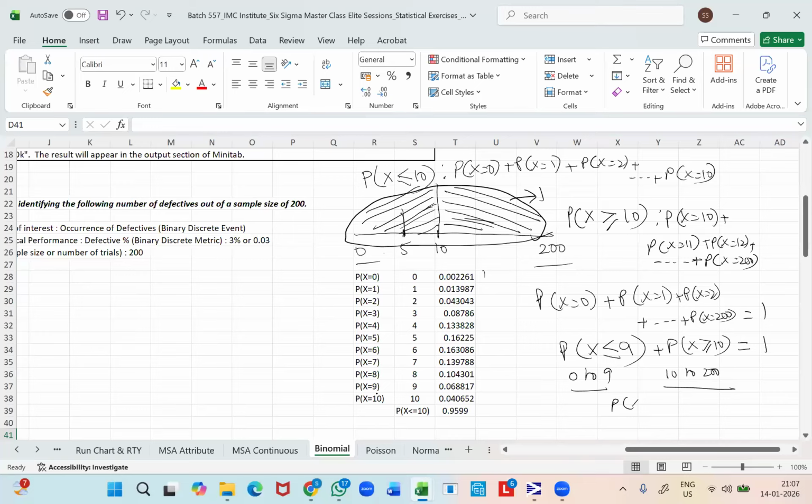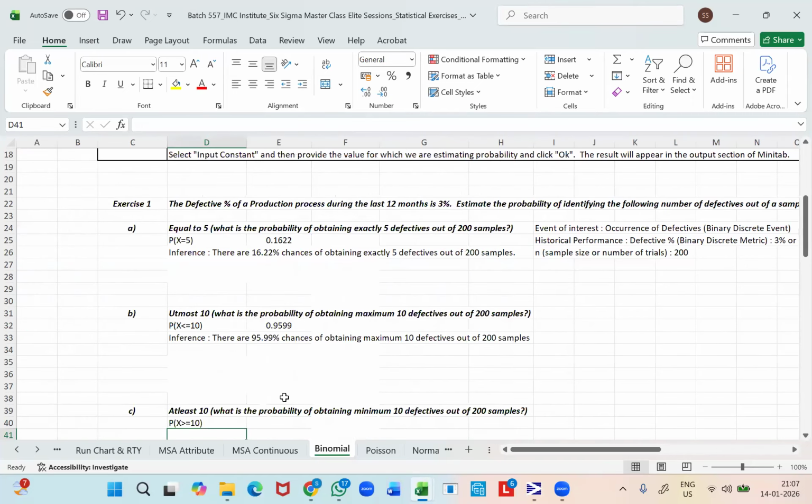Now I can find the equivalent for P of x greater than or equal to 10. I need to take P of x less than or equal to 9 to the other side, so this will be 1 minus P of x less than or equal to 9. This is how we convert the greater than or equal to scenario into the less than or equal to scenario and obtain the answer.